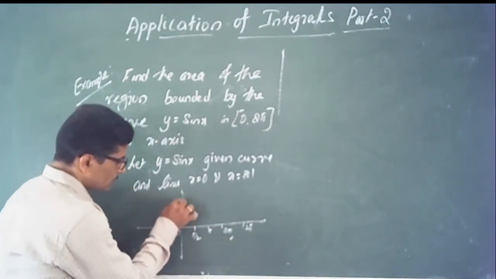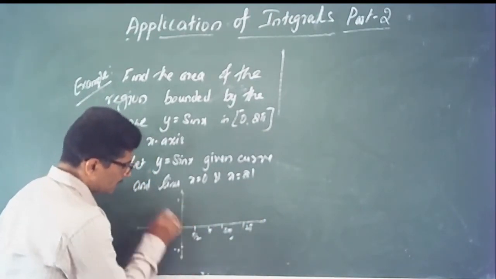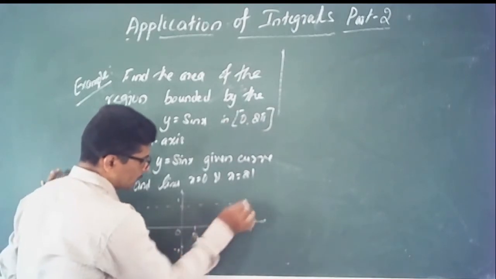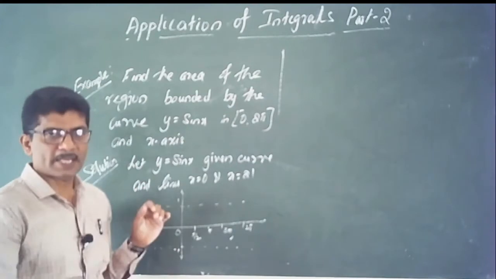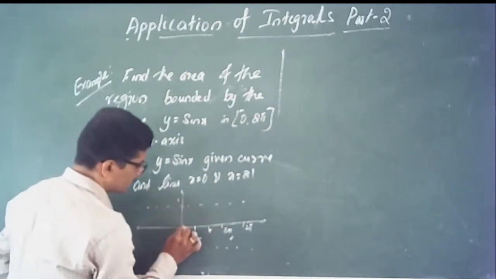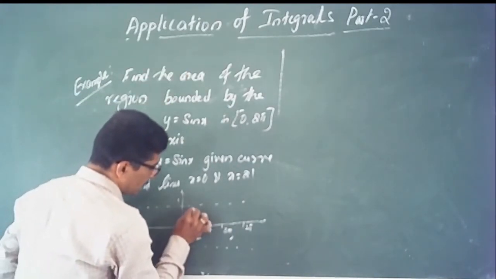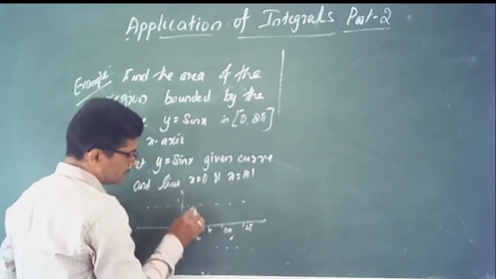On the y-axis you know that the maximum value is plus 1 and the minimum value is minus 1. Even now, last year we drew it. The curve: x is equal to 0, sin x is 0, y is 0; x equal to pi by 2, sin x is 1.